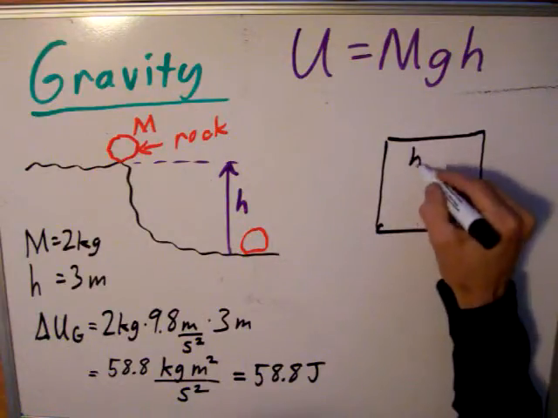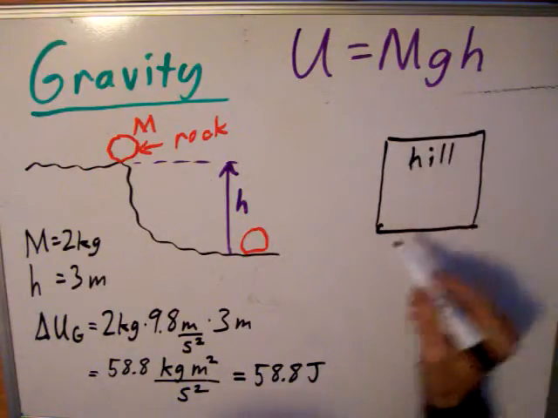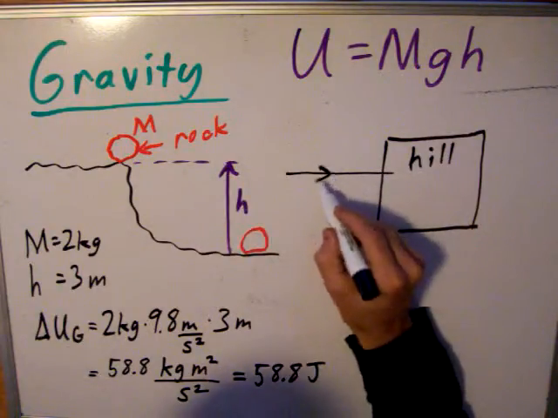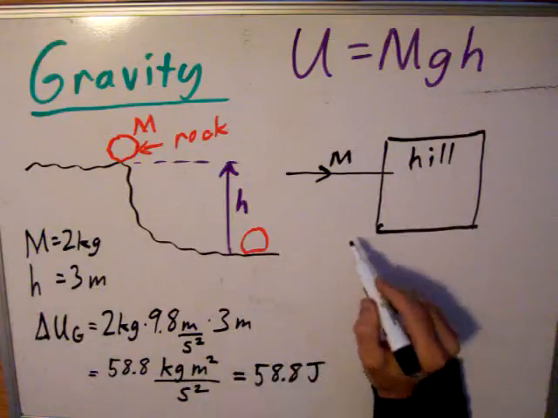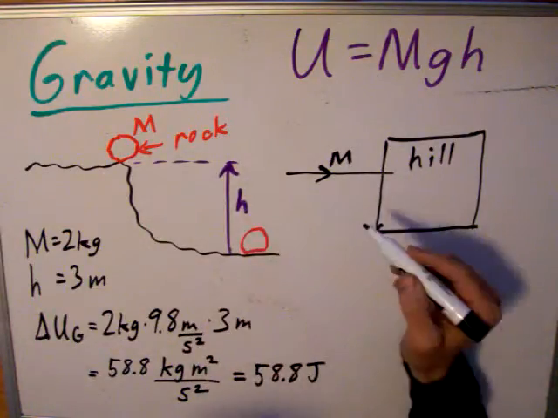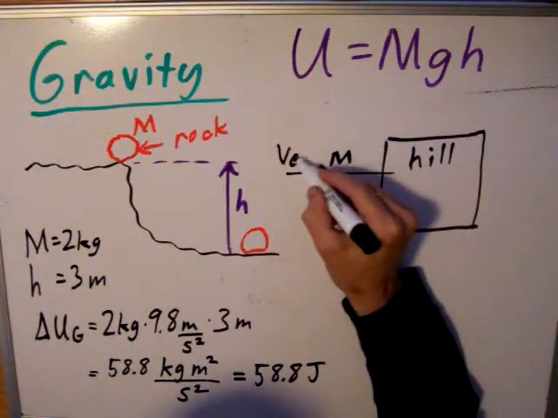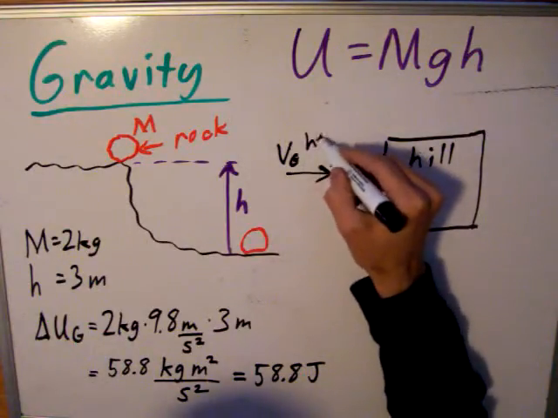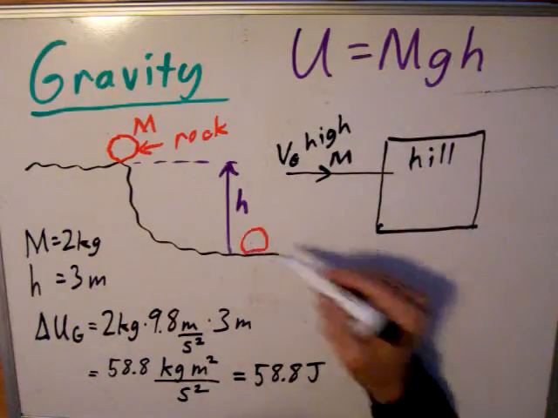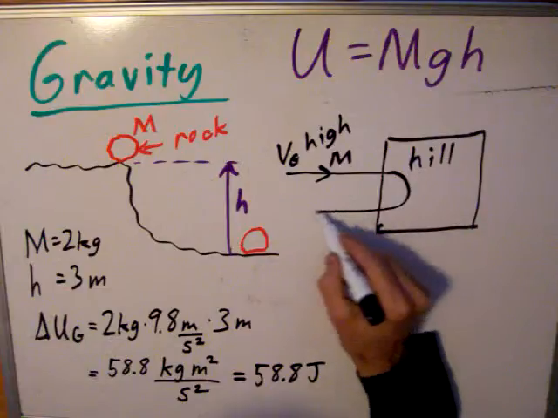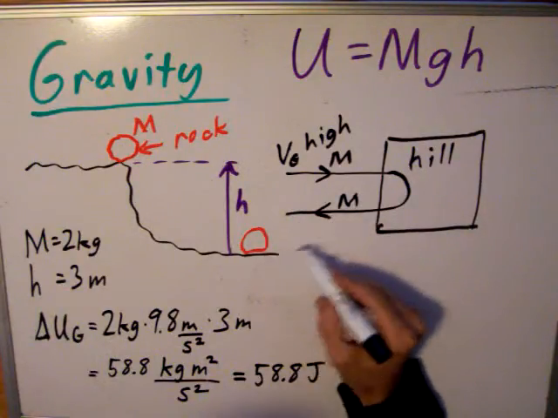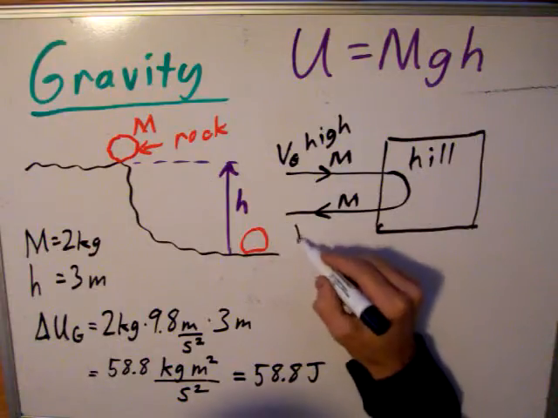So this will be the hill, and at the beginning energy is carried by this mass, it's m, and at the beginning the strength, which is Vg, is high. At the end, the Vg is low, gravitational potential is low, same mass at the end, but the gravitational potential is actually 0.